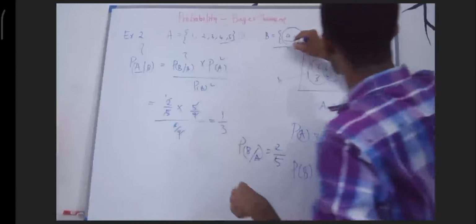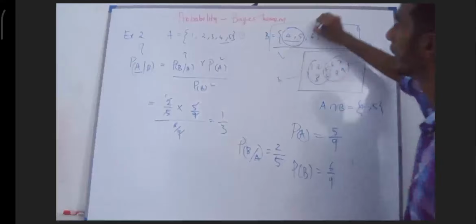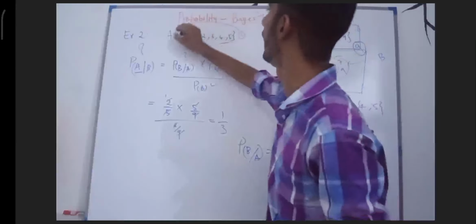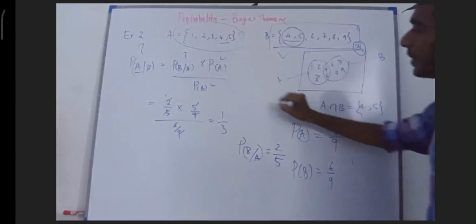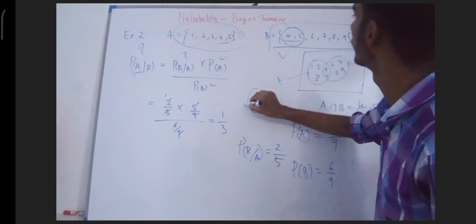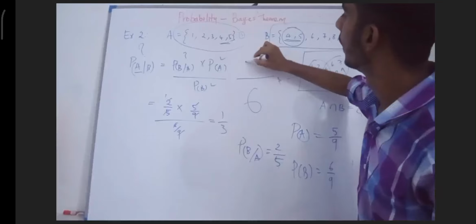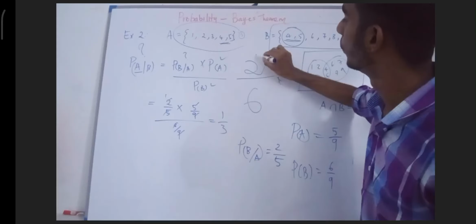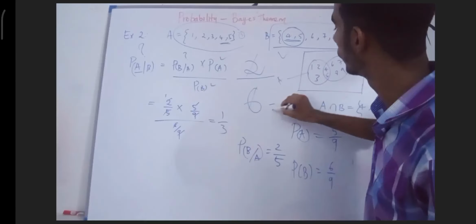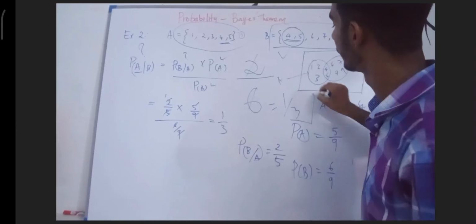Let's assume B has already occurred, and what is the probability of A occurring? Out of the 6 elements we have in B, there are 2 elements in A as well. So 2 divided by 6 is equal to 1 divided by 3.